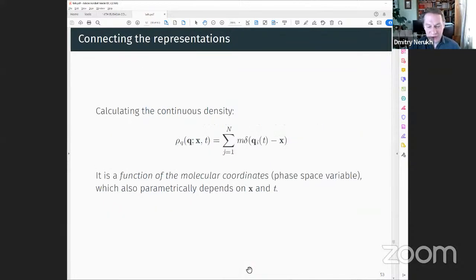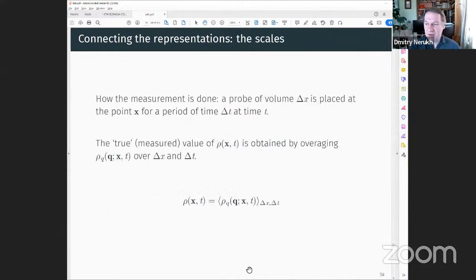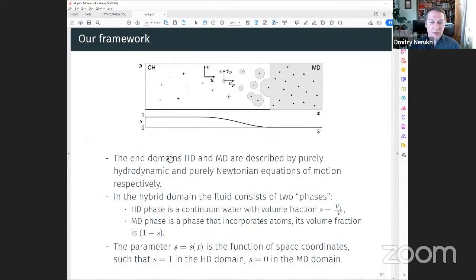So what we have done is develop a theoretical framework for correctly combining these two representations.